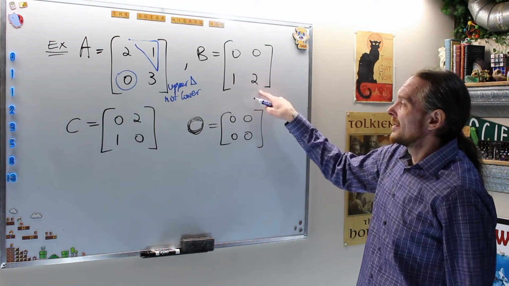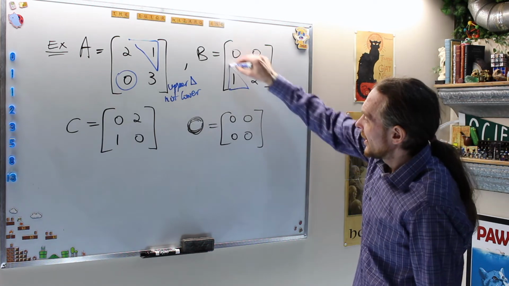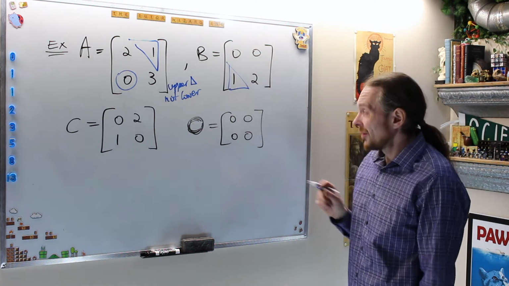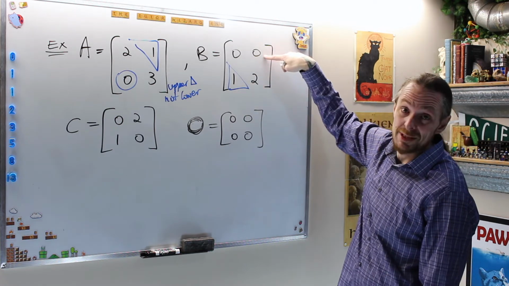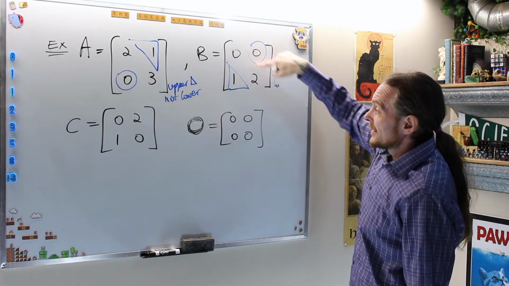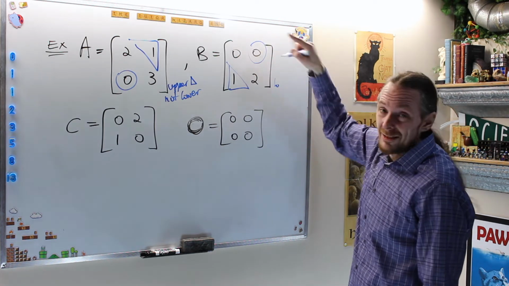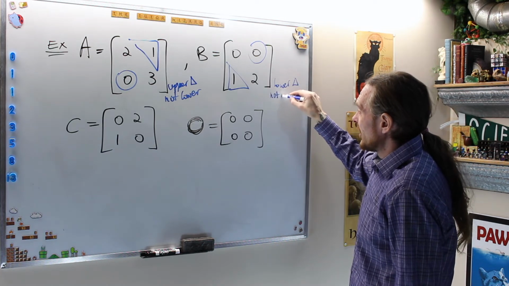For the next matrix, to be lower triangular, what do I have to have? I have to have zeros above the main diagonal, which I do. It didn't say anything about having zeros on the off diagonal. I don't care about this, so this is lower triangular and not upper.